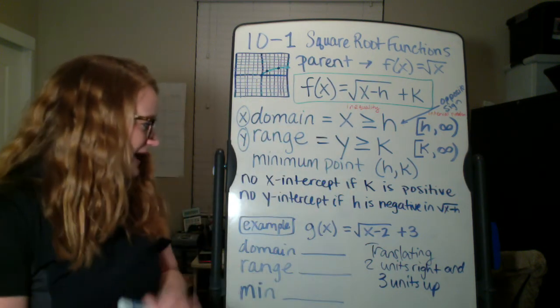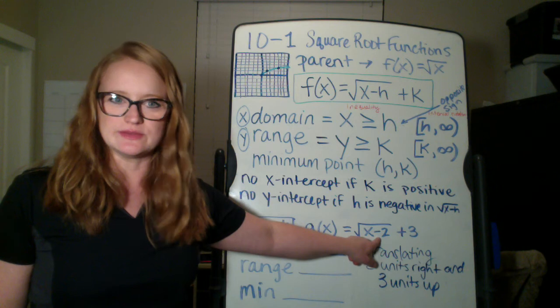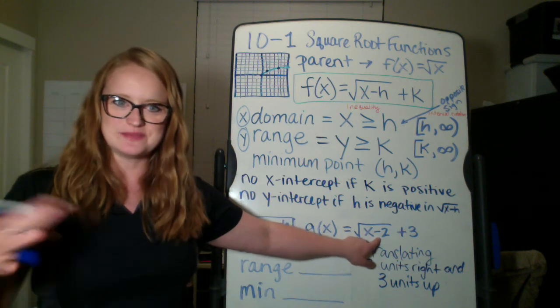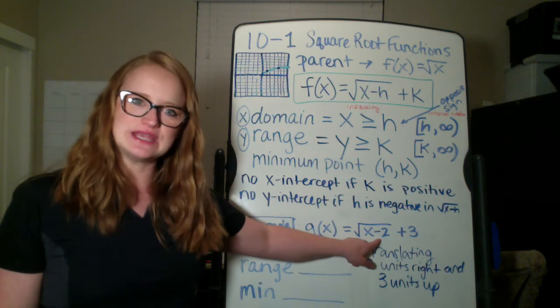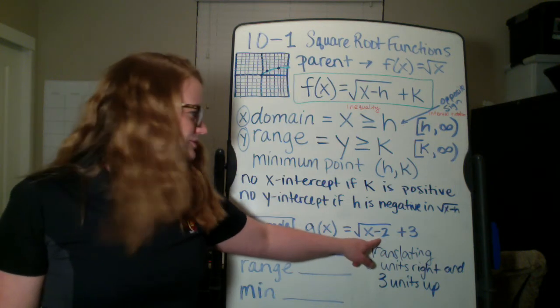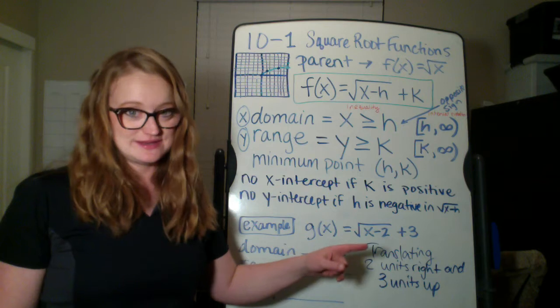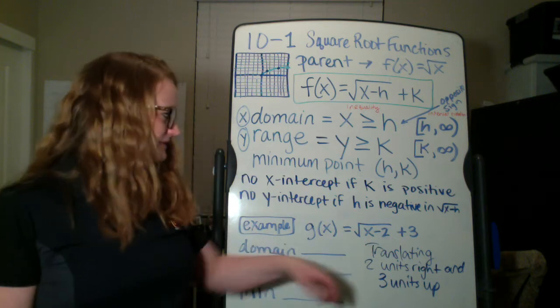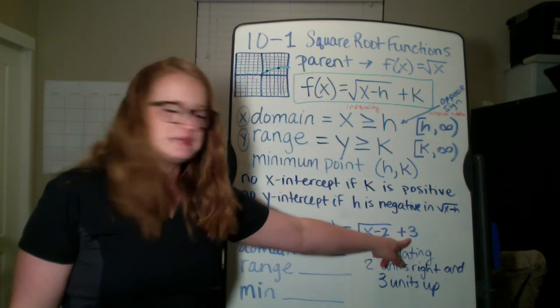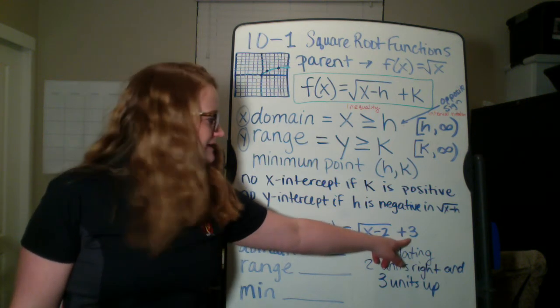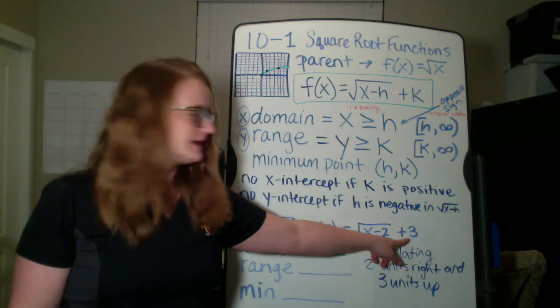And that is because this minus 2 in here, remember our h value always has the opposite value on the graph. So if it's showing that negative in here, it means that it's actually moving to the right, not the left, like we would think for a negative number. So this is moving 2 units right, and then because this is a positive 3, it's going up 3 units.